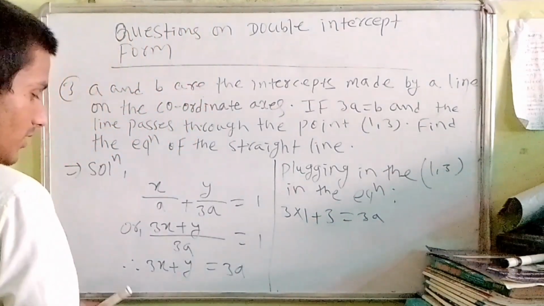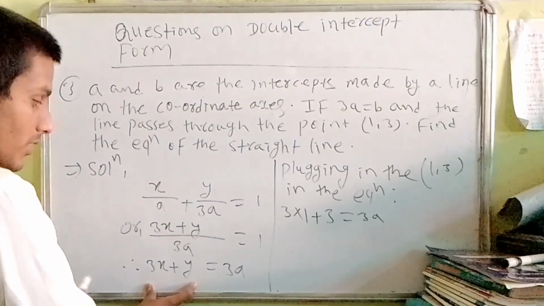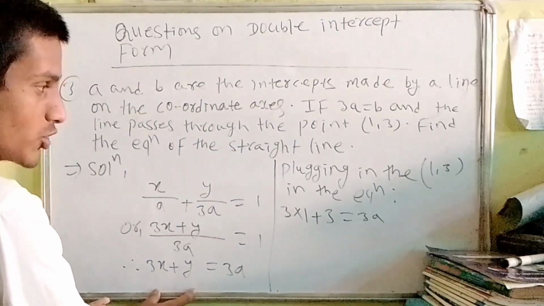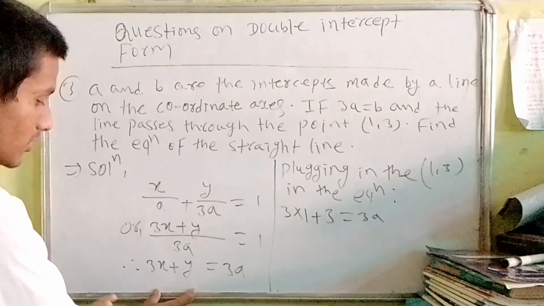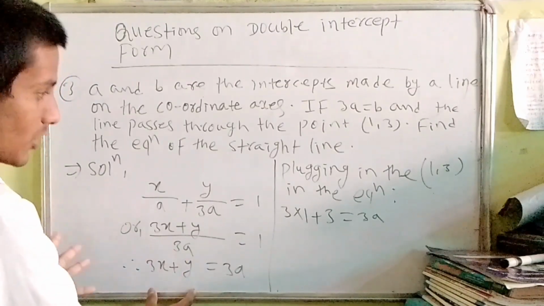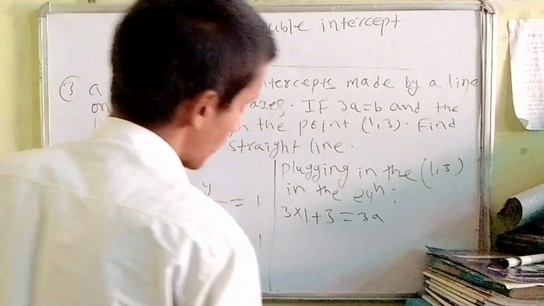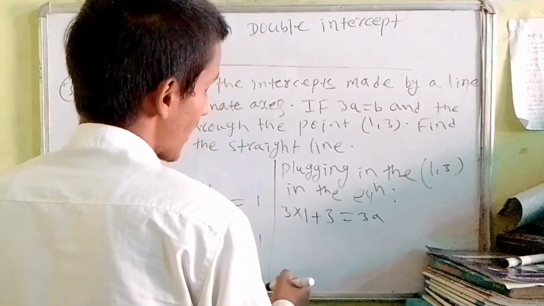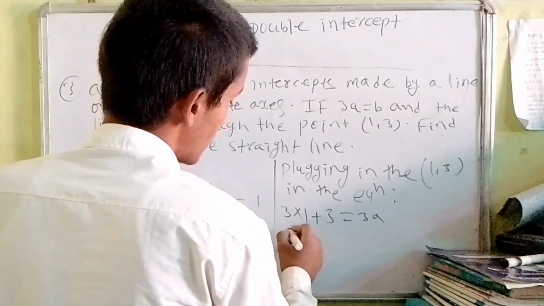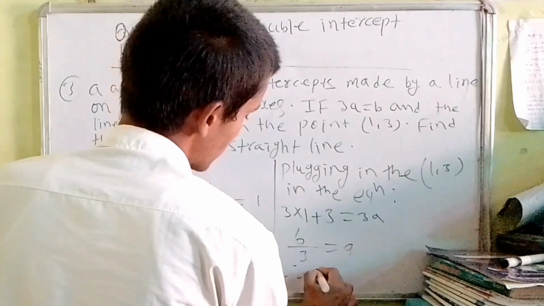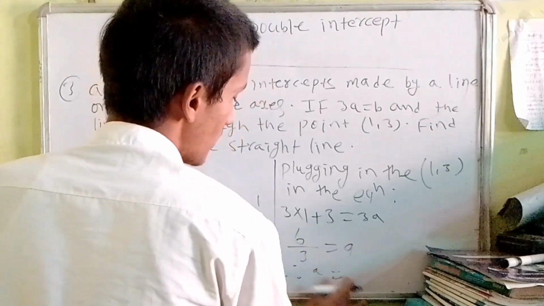This will yield a value, because it comes from the equation. If you plug in x and y for any point on this straight line, this will be 3 plus 3, which is 6, divided by 3 is equal to A. A comes out to be 2.